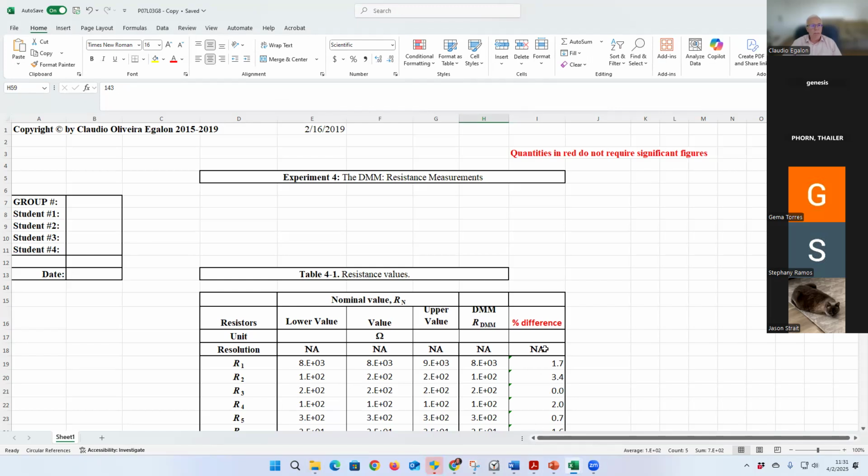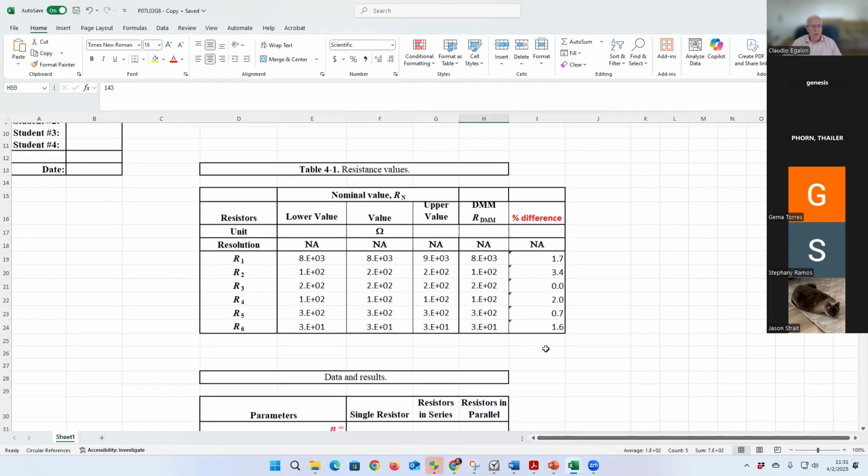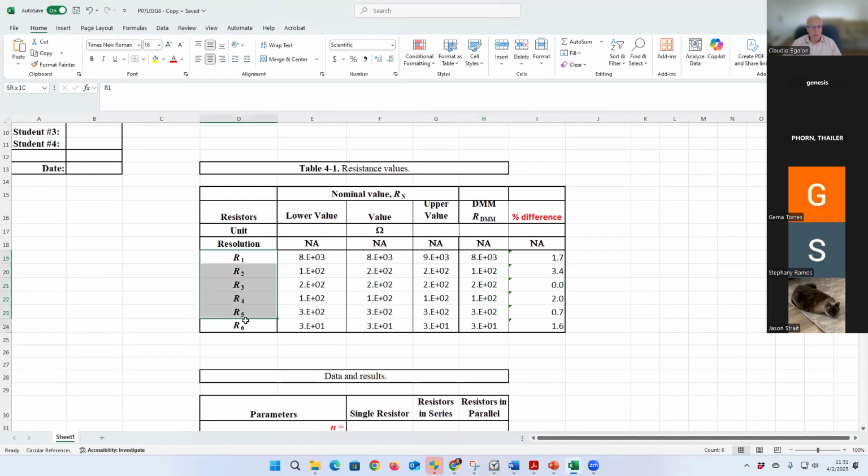And here's this spreadsheet that you all have. So I provide 6 different resistors to my students, and I provide a multimeter too. Like I said, each resistor has a color code. All those 3 columns here are related to the color code or the nominal value that we have.